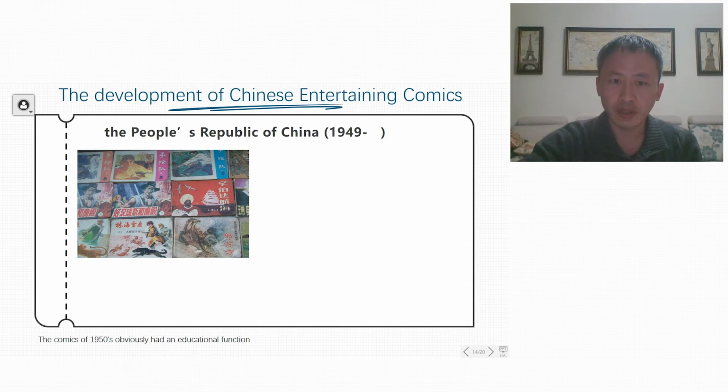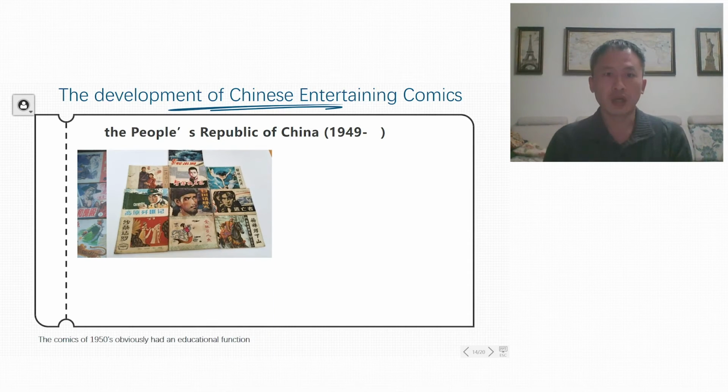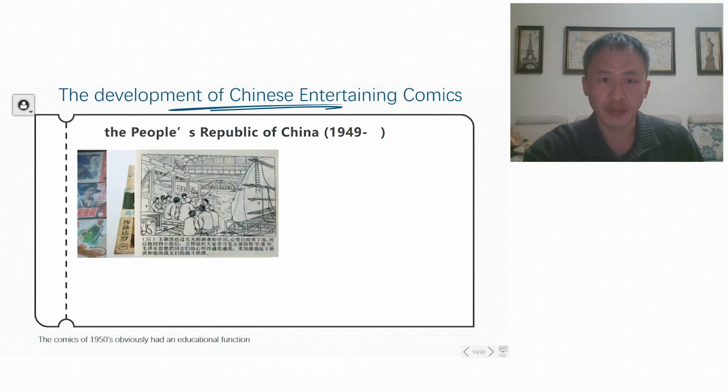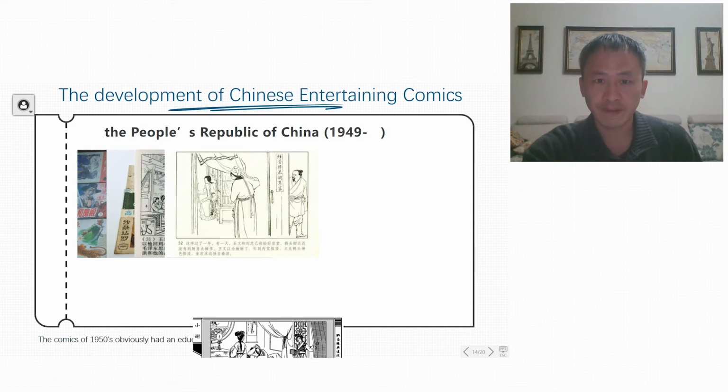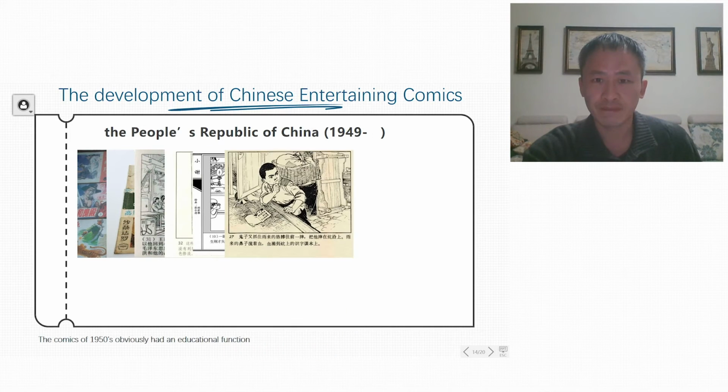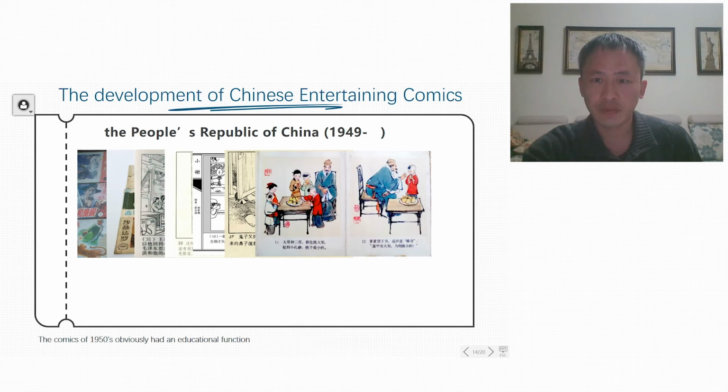So here we have some comic books of that time. We can see some of the elements of the educational purpose.